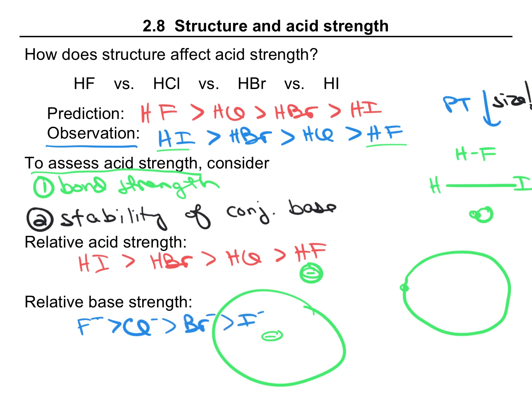So what we've seen is when we are comparing structure and how that affects acid strength when we're making our comparisons along the periodic table. If we're comparing across the periodic table, we focus on electronegativity. If we're comparing down the periodic table, we focus on size.